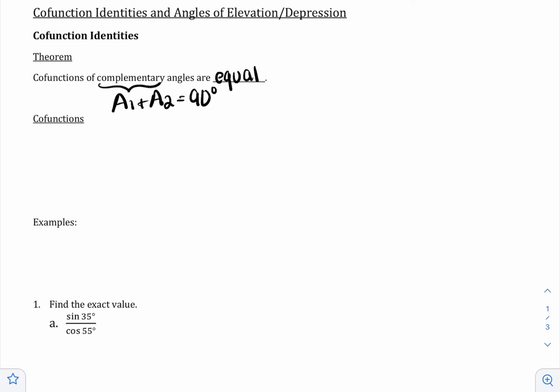And then cofunctions, this is the best part. It's literally when you put the word co in front of. So if you have the sine of theta, its cofunction is cosine of theta.